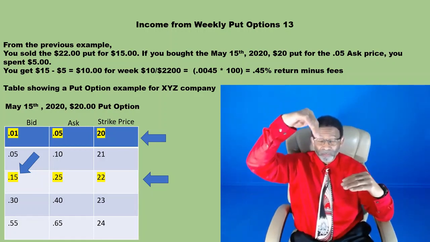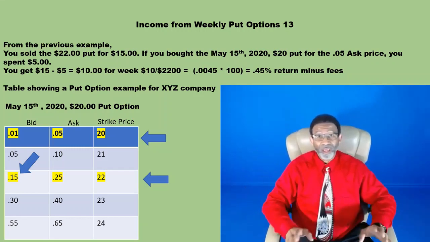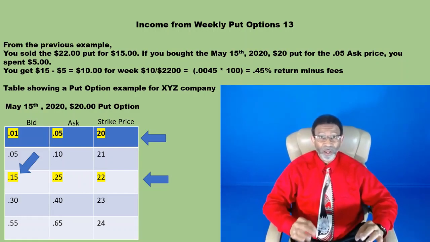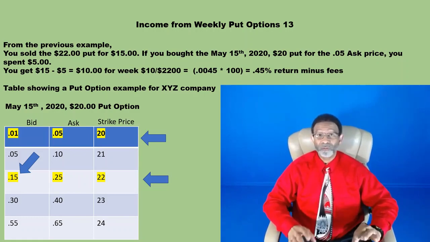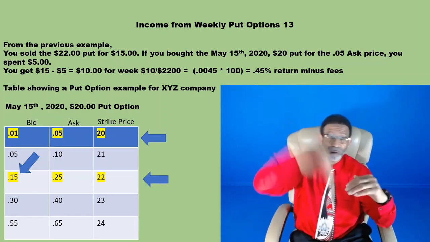You now have protection beyond $20. So in this case, you would get the $15 that you received for selling the $22 put option minus the $5 you spent buying a put option for protection for downward risk.